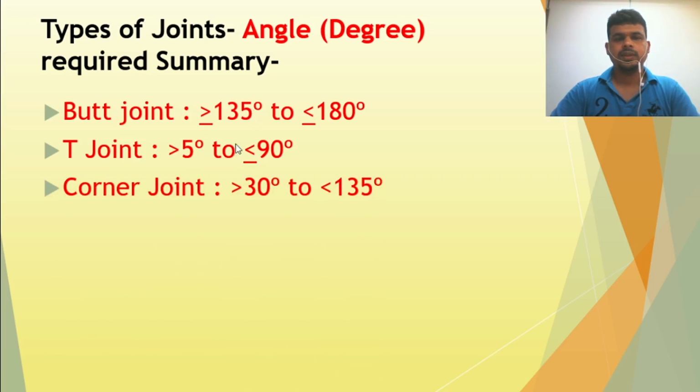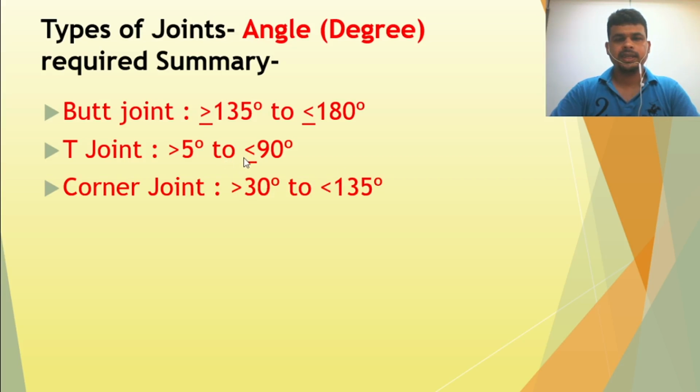Then another is the corner joint. Corner joint will be greater than 30 degree to less than 35 degree. So if less than 35 degree, this will be a corner joint. If equal to or greater than 35 degree, then you can consider it a butt joint. So the corner joint will be greater than 30 degree to less than 135 degree.